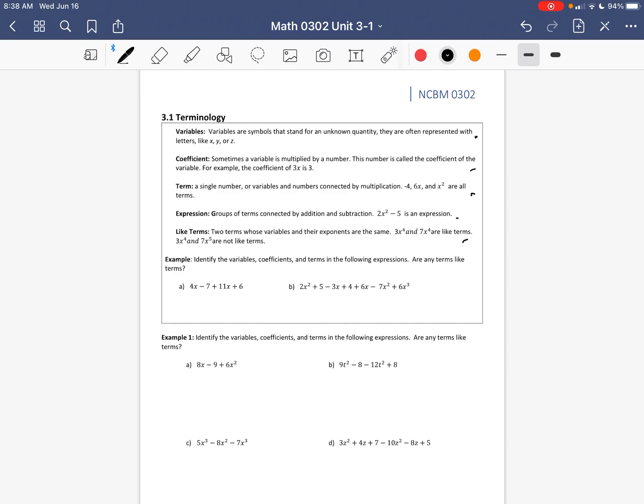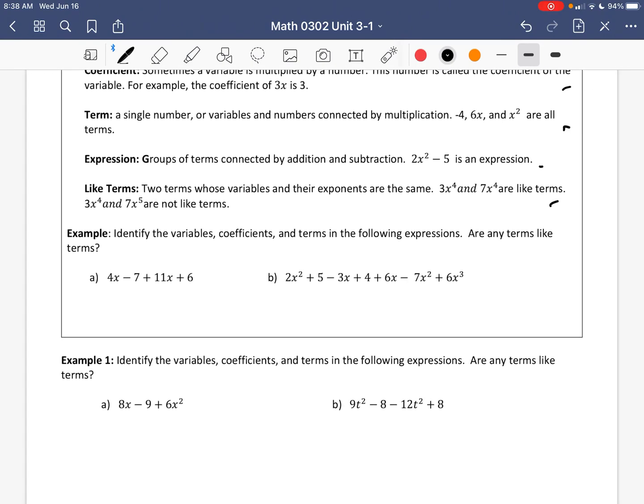Let's take a look at the examples. In example part A, it asks us to identify the variables, coefficients, and terms in the following expressions, and then to see if any of the terms will be like terms. In part A, the expression is 4 times x minus 7 plus 11x plus 6.